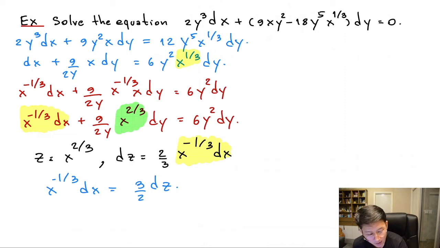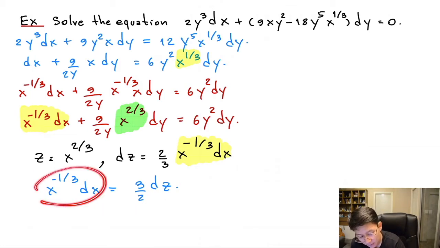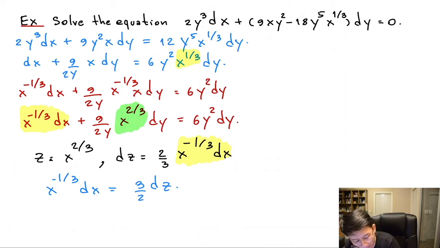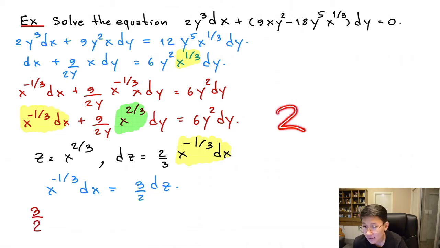So I substitute this back to this equation. So what I have is 3 divided by 2 dz. Okay, let me write it a little better. Guys, when I write 2, it's like that. When I write z, I have one more line here.